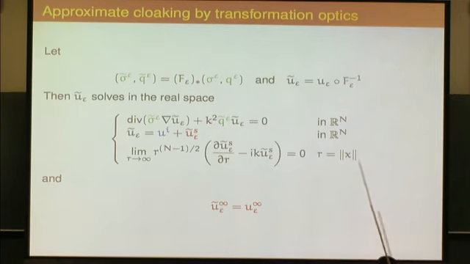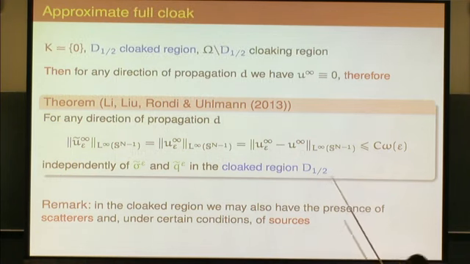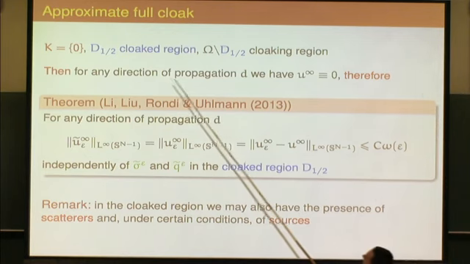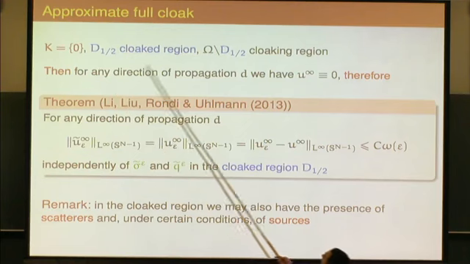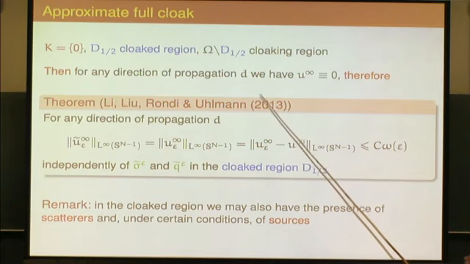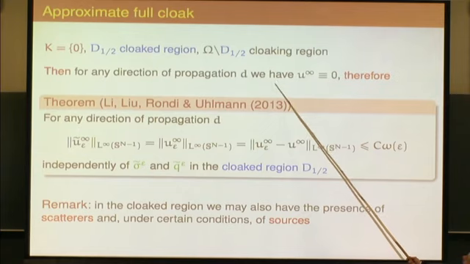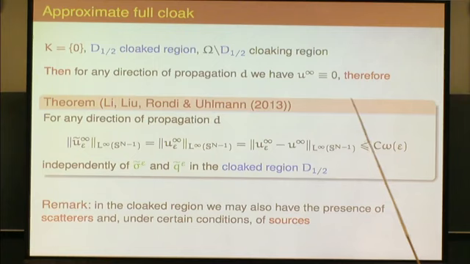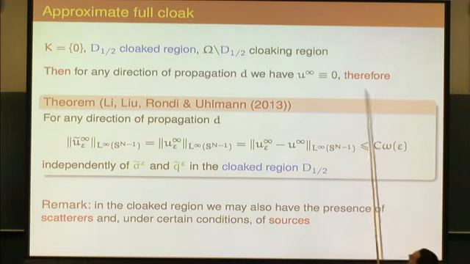And so we can finally prove the following result. So if you take any direction of propagation, what we have is that u infinity is identically equal to 0, because what happens in the virtual space is that you are solving the Helmholtz scattering problem with simply a point sound soft scatterer, which is completely invisible.